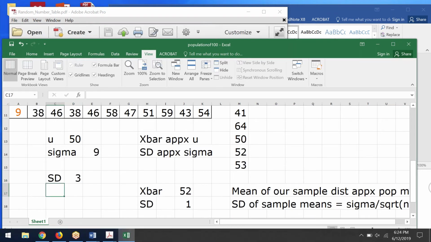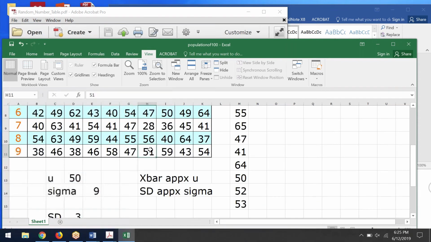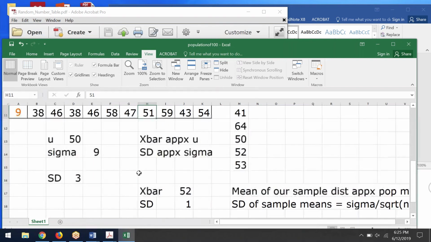So it should be 3. We got 1. It might even be 1.5 or something like that because it's truncated. So our standard deviation for our sample means is equal to 3. If I were to do this over and over again with sample size 9, it would give me a standard deviation of 3. Well, that's for n equals 9.